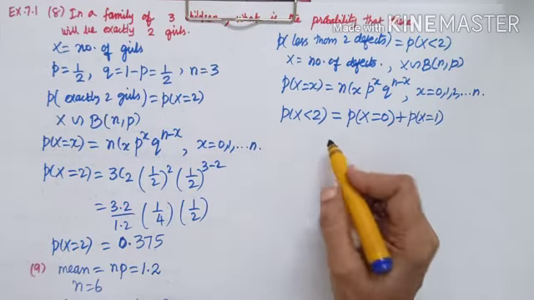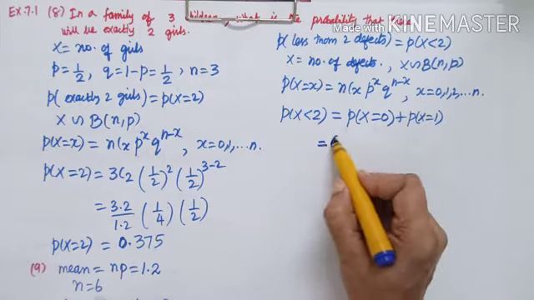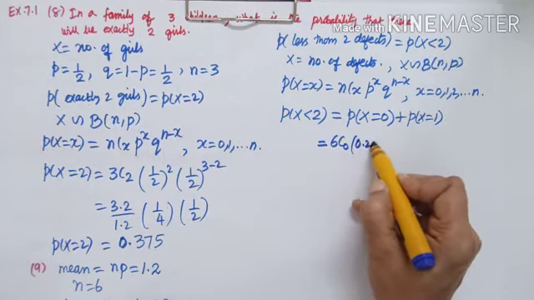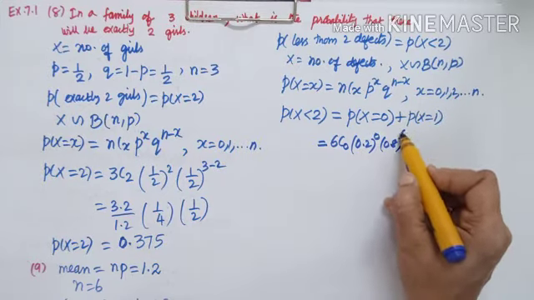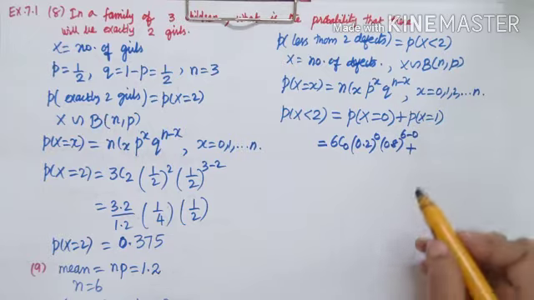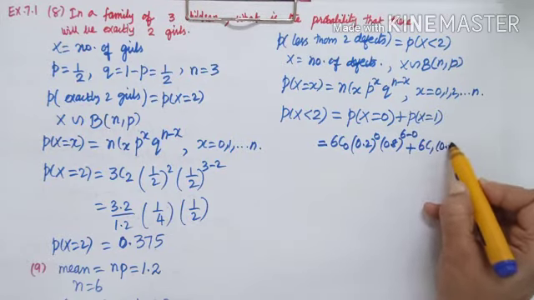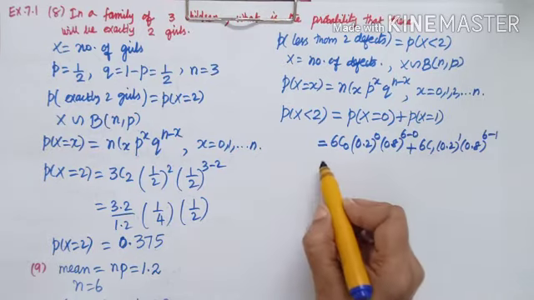So what is P of X is equal to 0? N is 6. 6C0, P value 0.2 power 0, Q value 0.8 power 6 minus 0, plus when X is 1, 6C1 0.2 power 1, 0.8 power 6 minus 1.